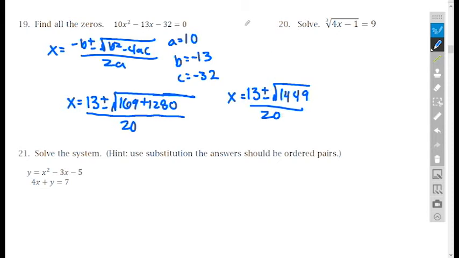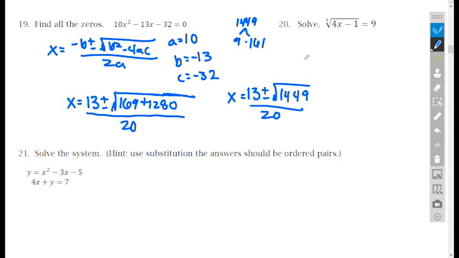So 1449 is 9 times 161. Now I don't know if 161 has any perfect squares, so 4 does not go into it, 9 does not go into it, 16 does not go into it. The next perfect square would be 25. 25 does not go into it. So it doesn't look like 161 has any perfect square factors.